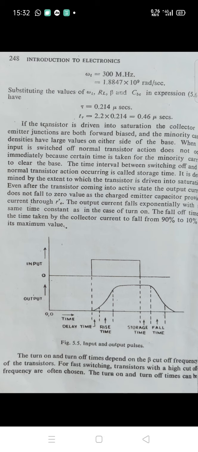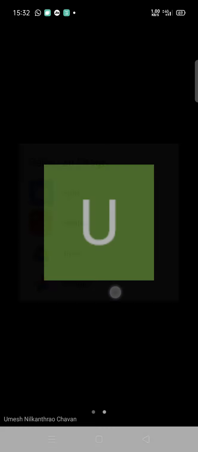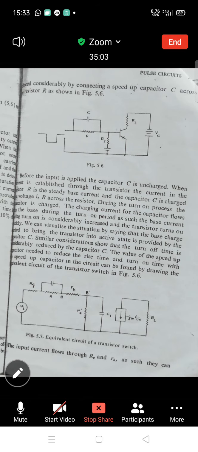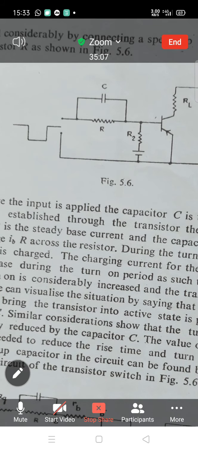The turn on and turn off times can be considerably reduced by connecting the speed up capacitor C across the resistor R as shown in the figure. So this is where to connect the capacitor C across the R.